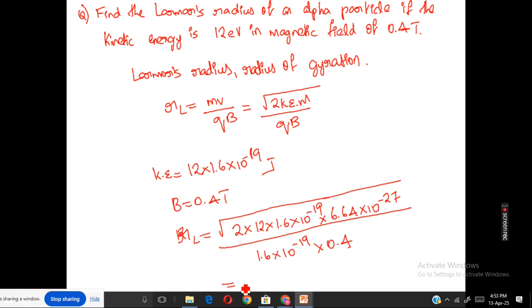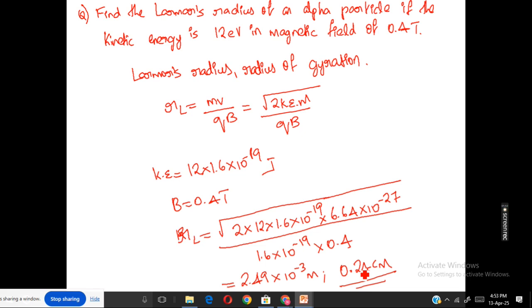The answer will be 2.49 into 10 raised to minus 3 meter, or we can write 0.24 centimeter. This is the answer for the radius of gyration.